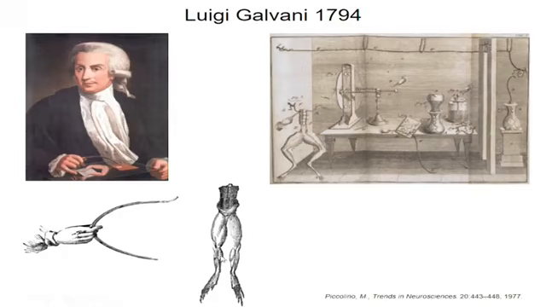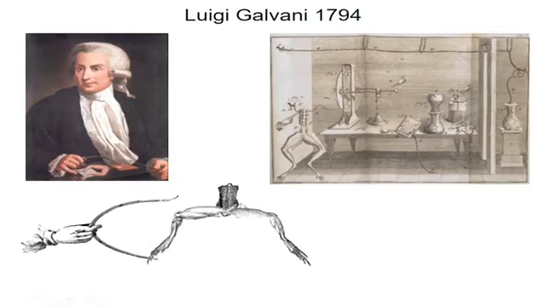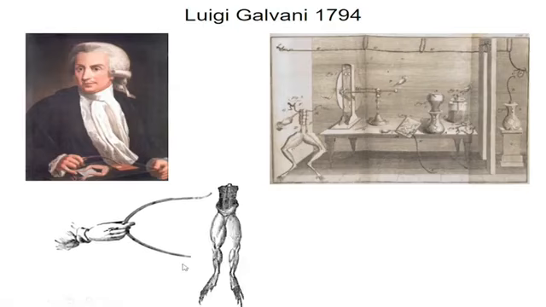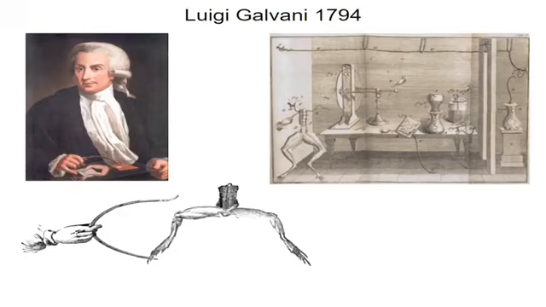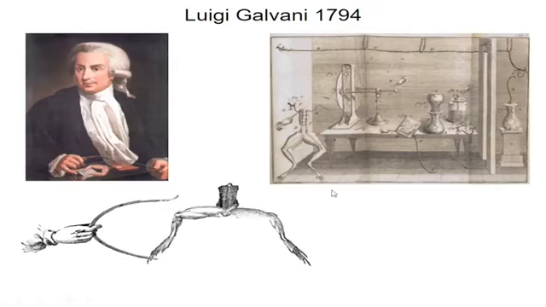And what he observed, which at the time was an incredible result, was that when the electrodes touched the spinal cord and muscle, there was this dramatic reflex contraction. Based on this observation, Galvani suggested that nerve cells and muscle cells work via electric mechanisms, so-called animal electricity.